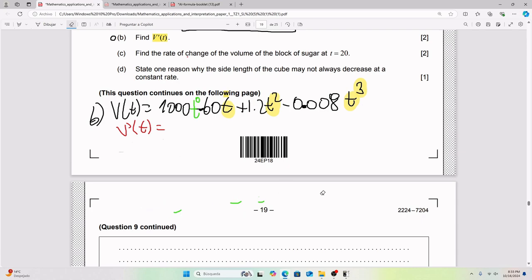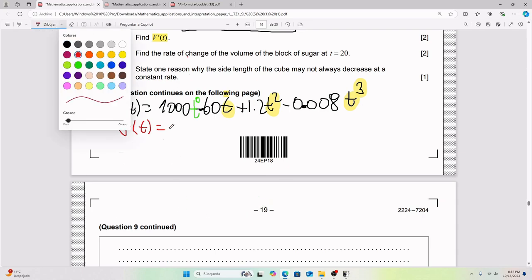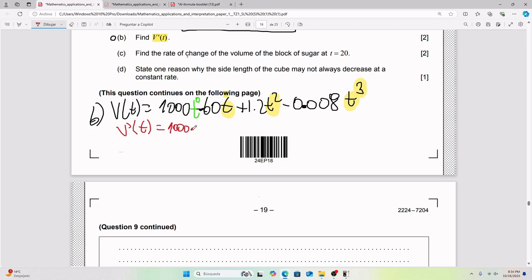And so if there's a t to the power of 0 right there, then that means that for this first term, we end up with 1000 times 0, ¿cierto? Because the exponent multiplied right in front, times t to the power of 0 minus 1. For this next term, we end up with minus 60 times 1 times t to the power of 1 minus 1, because this is to the power of 1, ¿cierto?